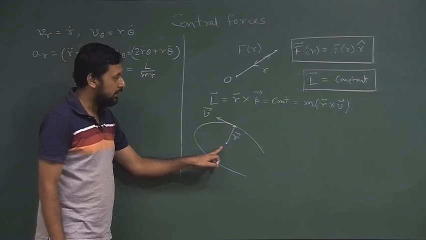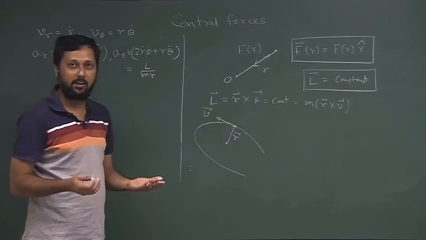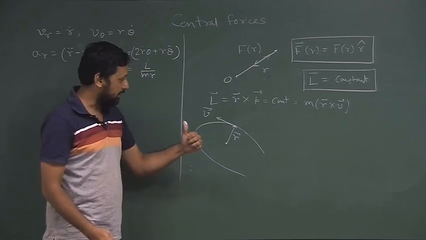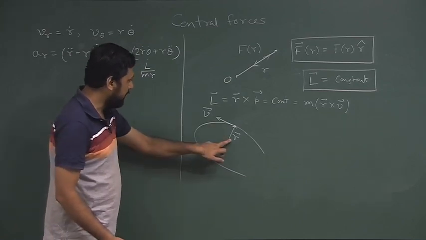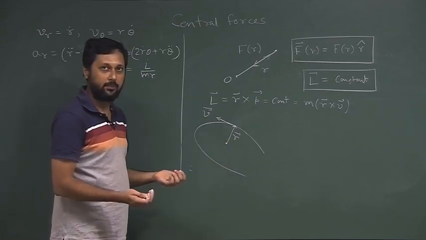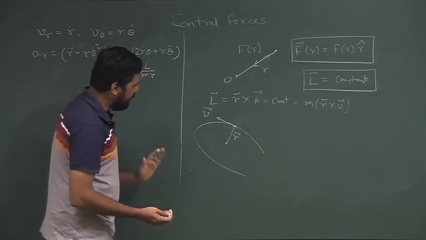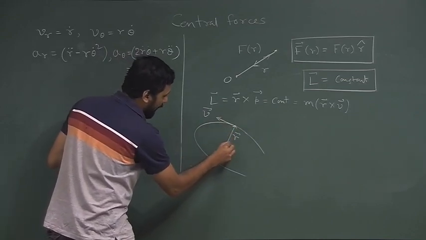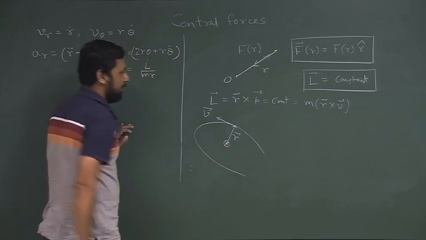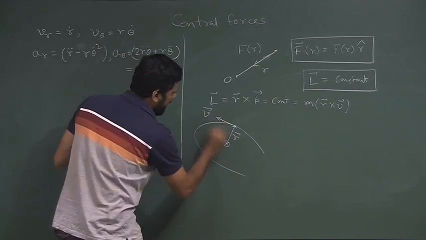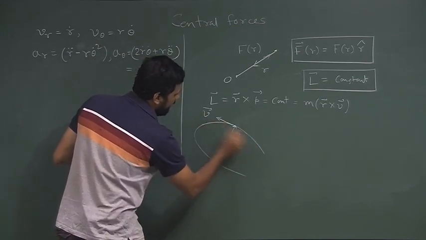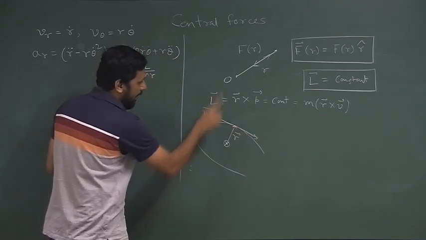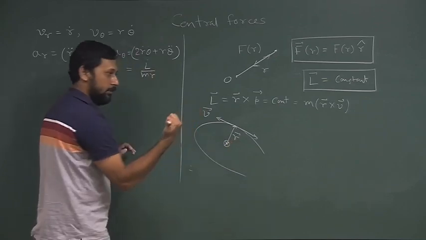If not, the magnitude might remain the same, but if they are not in the same plane, the direction of r cross v has to vary. Now, if they stay in the same plane, then r cross v has a direction pointing inside this plane. If the particle is moving in this way, v will be like this, and r cross v will be pointing outward of this plane.